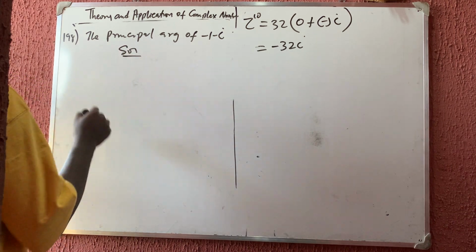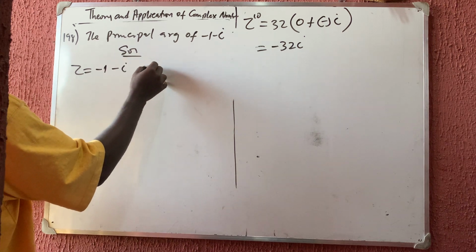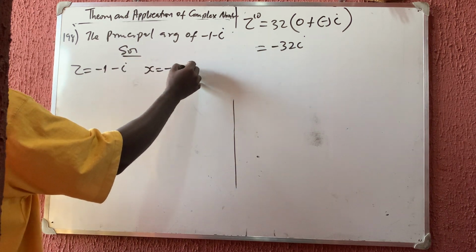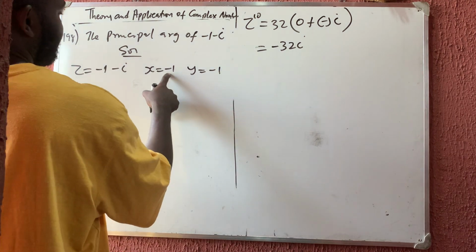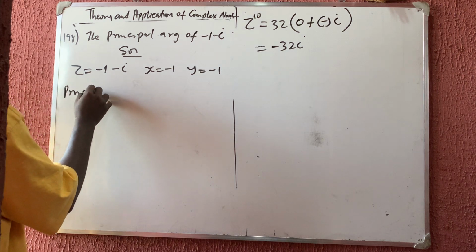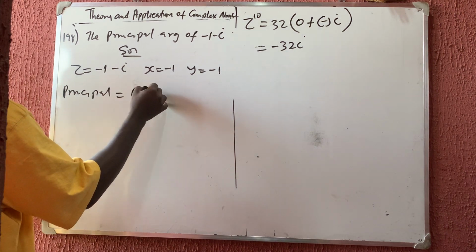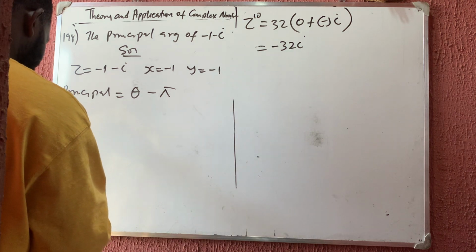First of all, we have that z is equal to minus 1 minus i. We show that x is equal to minus 1 and y is equal to minus 1. So whenever x is negative and y is negative, the principal argument is equal to normal argument minus pi.